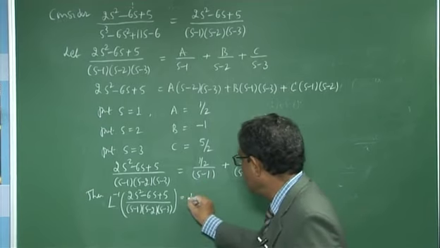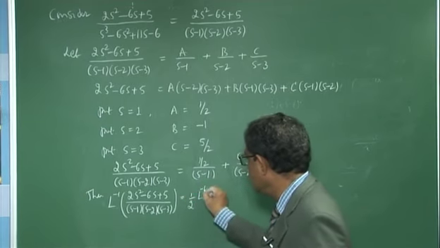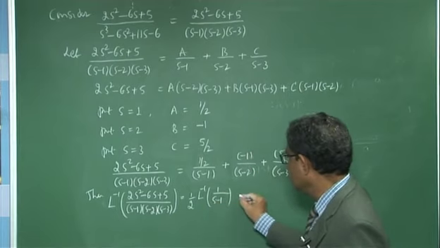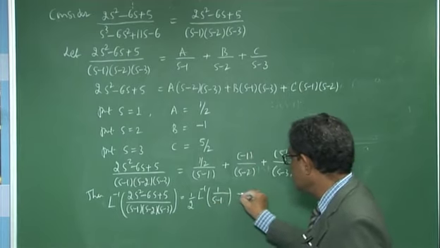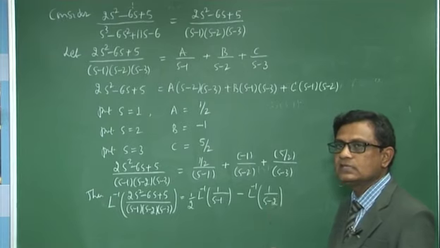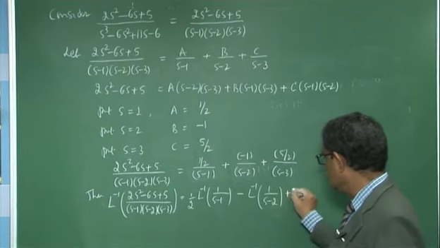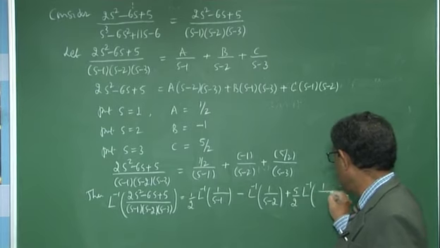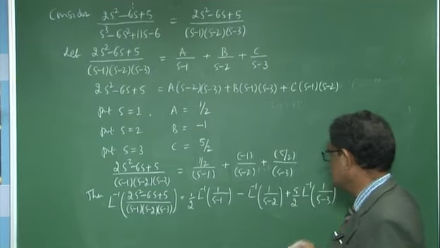Now 1/2 is a constant, times L inverse of 1 divided by (s − 1), plus into minus is minus, L inverse of 1 divided by (s − 2). Similarly, the last term, 5/2, is a constant, times L inverse of 1 divided by (s − 3).